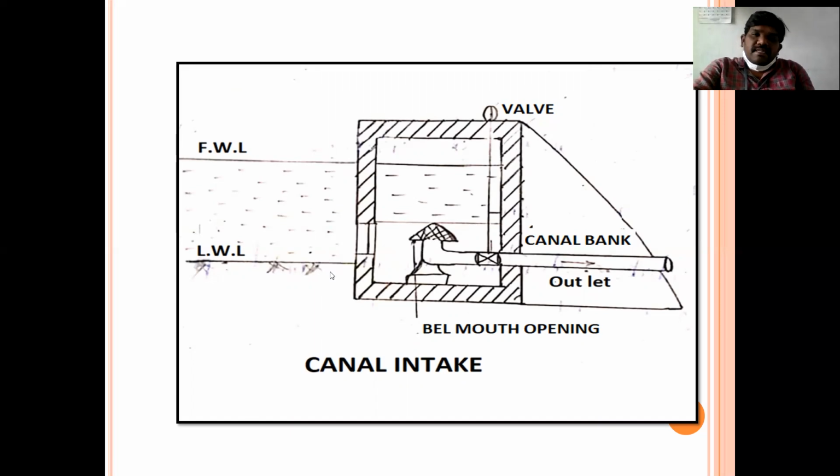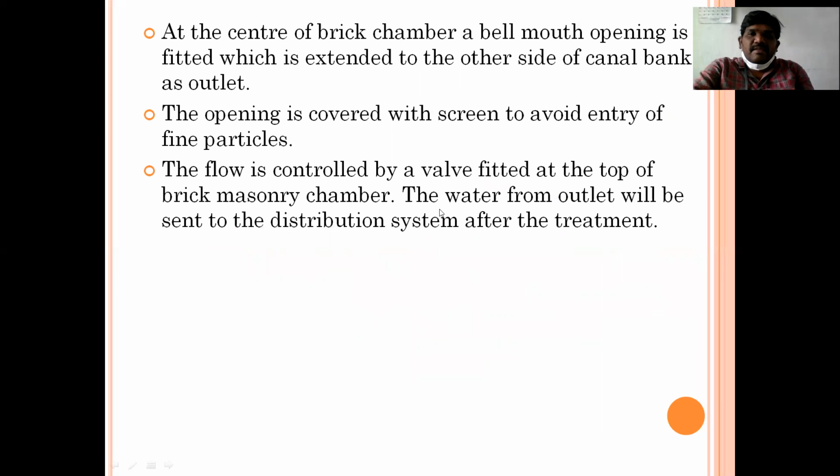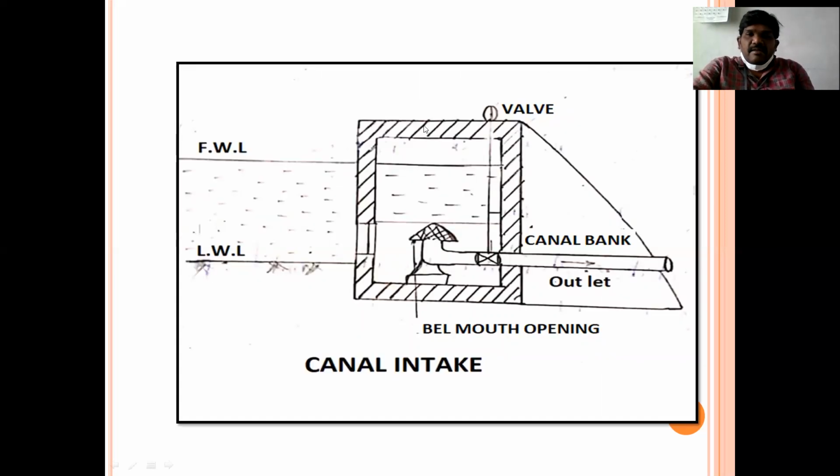The chamber is constructed with brick masonry. Once water enters the chamber, through the bellmouth opening it will be supplied to the treatment plant. After treatment, the water will be supplied to the public.